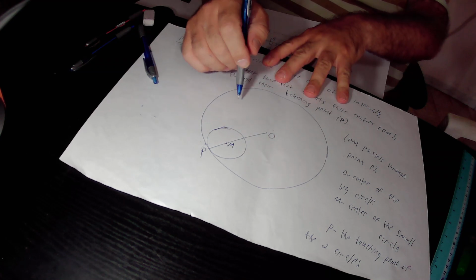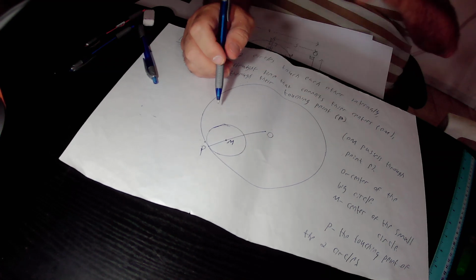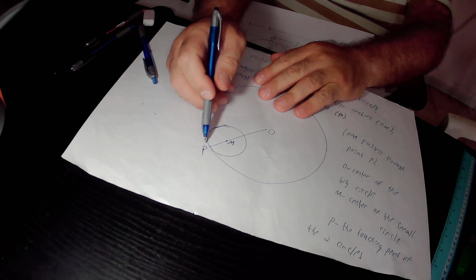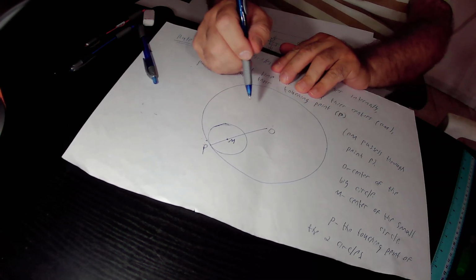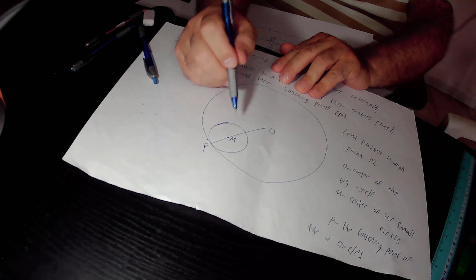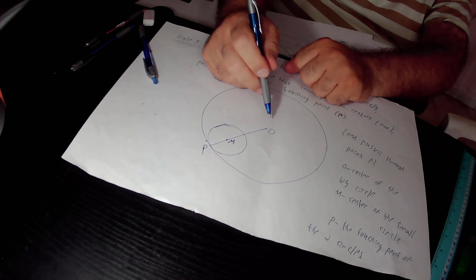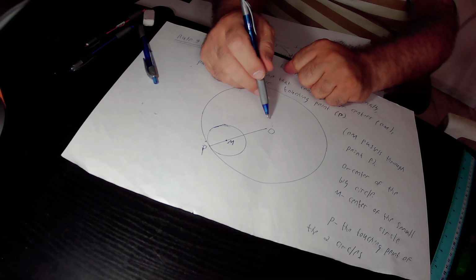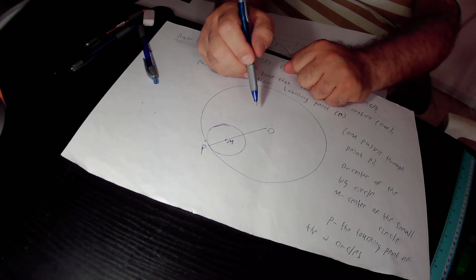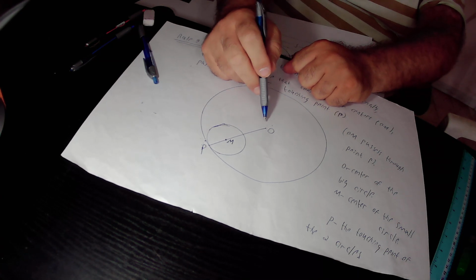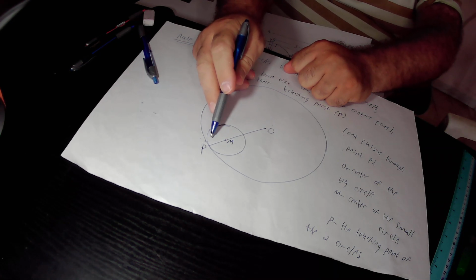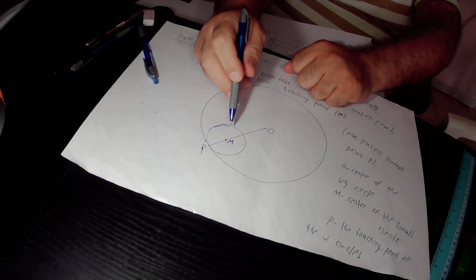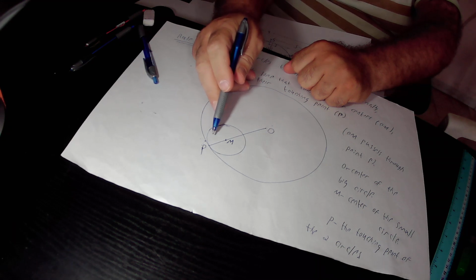This is the big circle, this is the small circle, and they touch each other internally at this point, point P. The center of this big circle is here at point O. The center of this small circle is here at point M. And the straight line that connects their centers together is of course the straight line OM. And according to this rule 9, the straight line OM must pass through their touching point, that is point P.